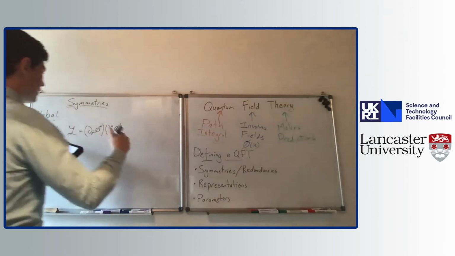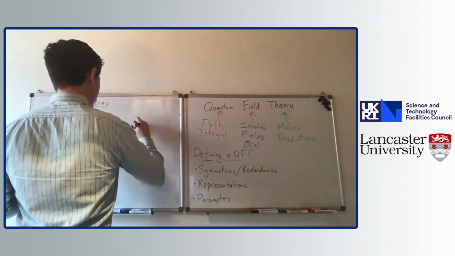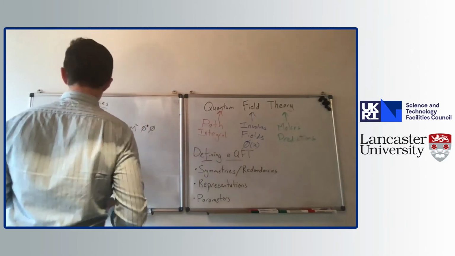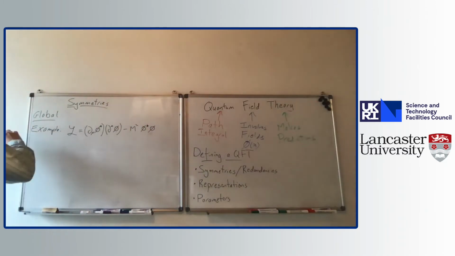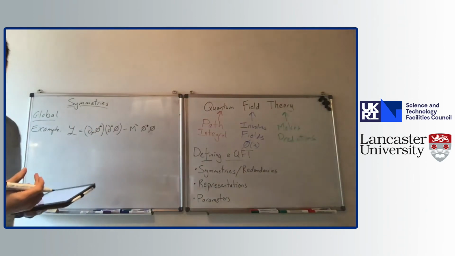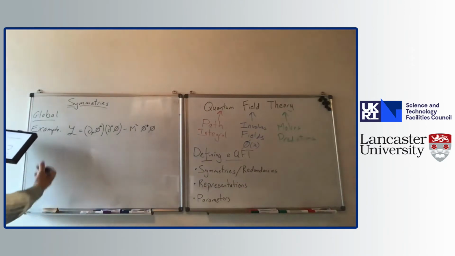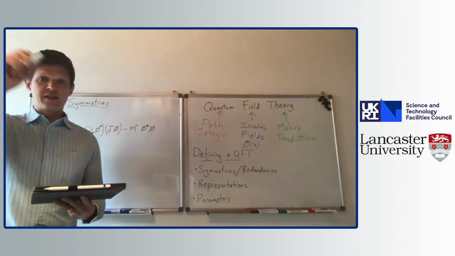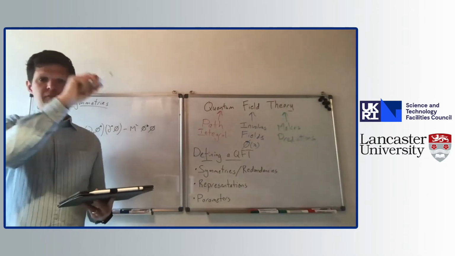And then a mass term, so minus m squared φ* φ. Now what's the symmetry here? Well, I'm sure the majority of you will know. There's a U(1) symmetry, and U(1) is essentially the symmetry of a circle.